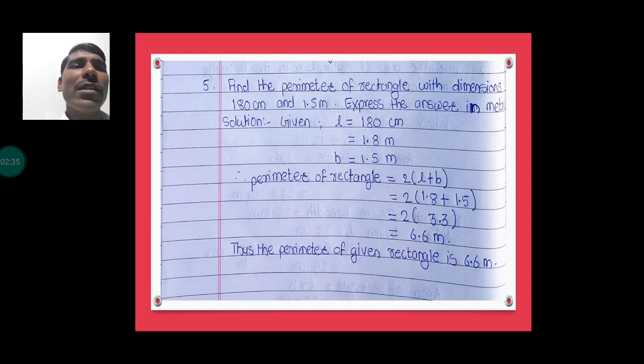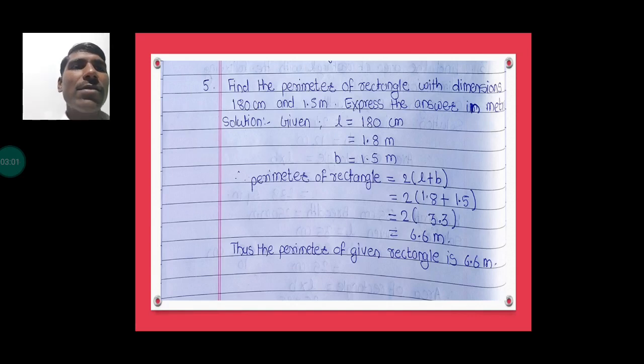How can we convert this? In order to convert 180 centimeter to meter, we have to divide 180 by 100, because 1 meter is equal to 100 centimeter. That's why we divide 180 by 100 and get 1.8 meter.